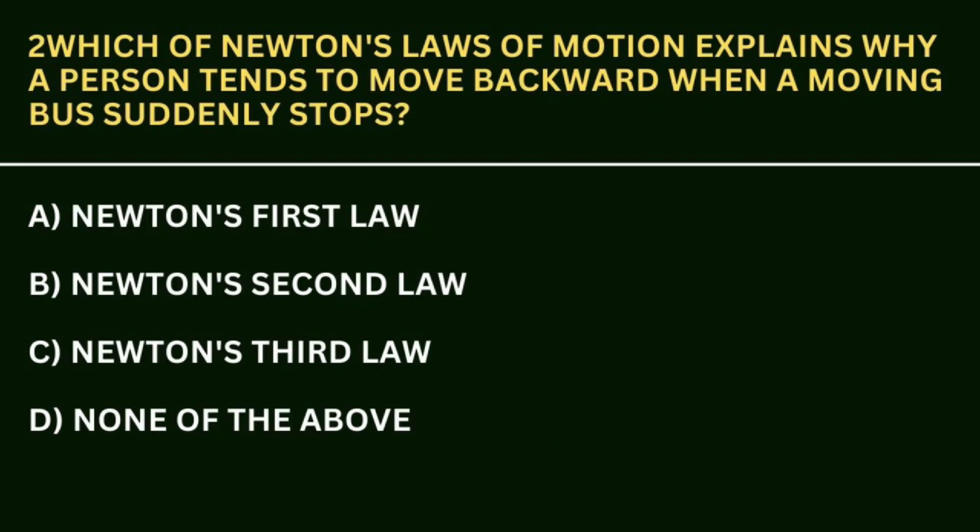Which of the Newton's law of motion explains why a person tends to move backward when a moving bus suddenly stops? Option C, Newton's third law.